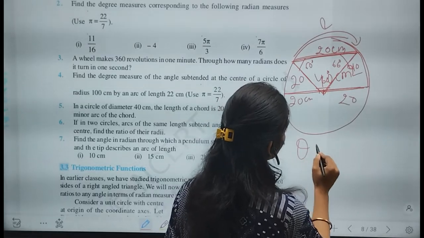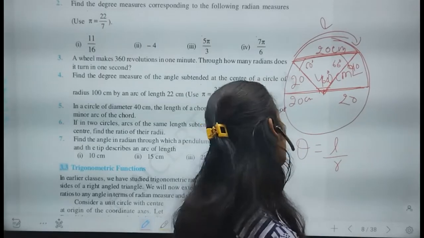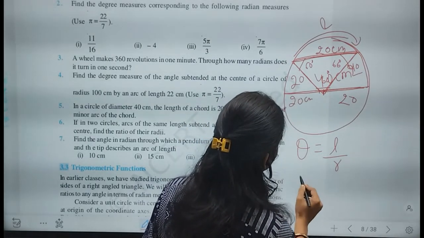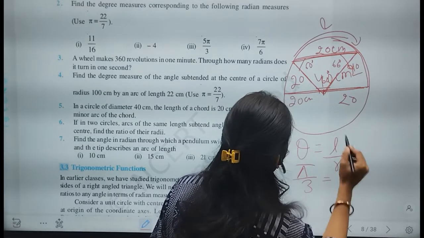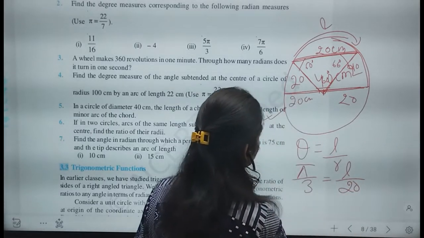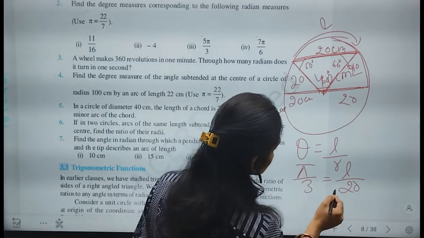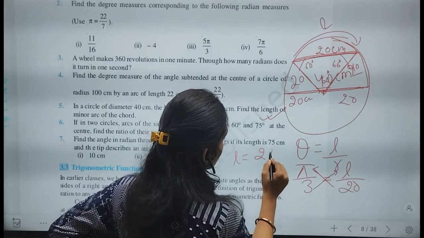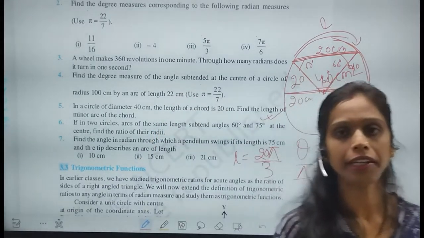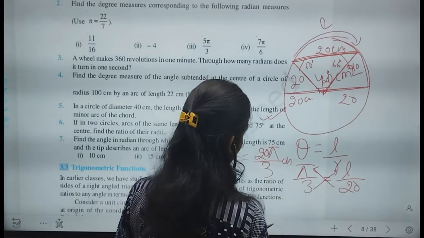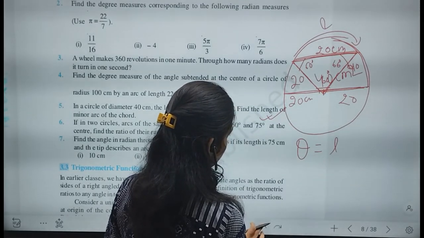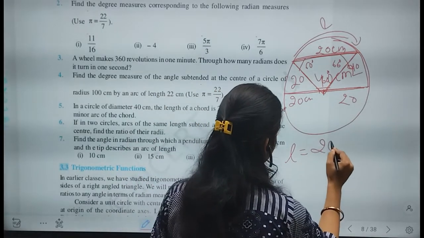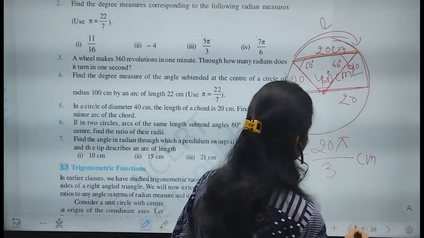Okay, now you know very well theta is equal to L by R. Theta is pi by 3, which is equal to L by R. R you know, it is 20. And by cross multiplication, the answer will be 20 pi by 3 centimeter.